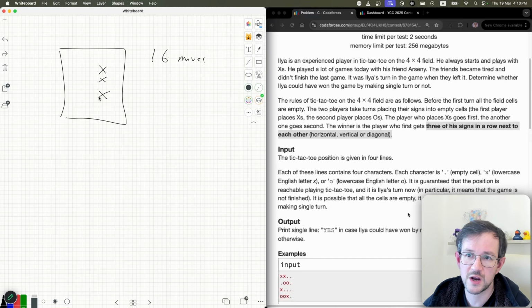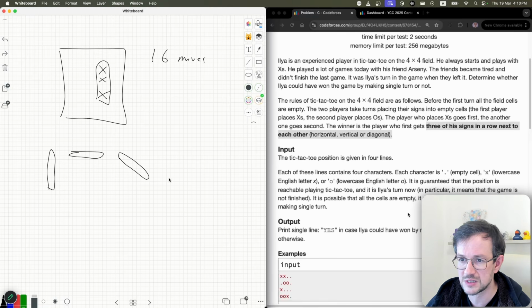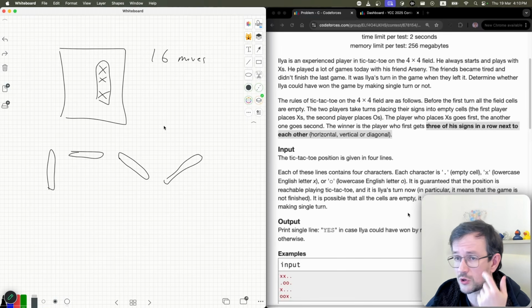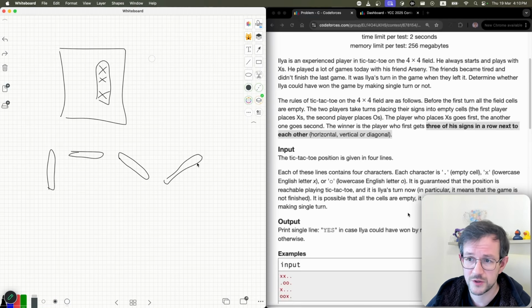You just check every triple of consecutive positions. So it may be vertical, horizontal, diagonal like this, diagonal like this. Just check all possible triples. Not that many of them. You just check all of them, and you're done. I did it a little bit differently, so I don't make the move. I just check all the triples and check if I can make this triple.